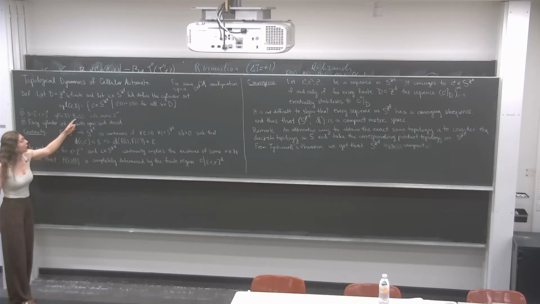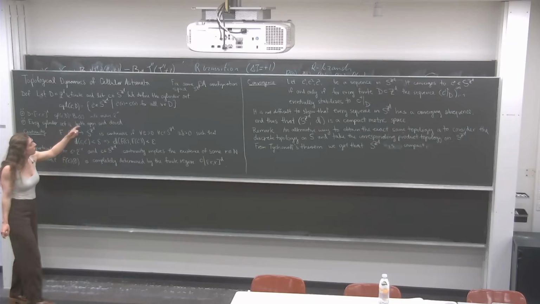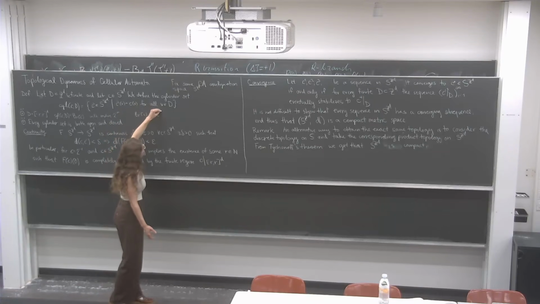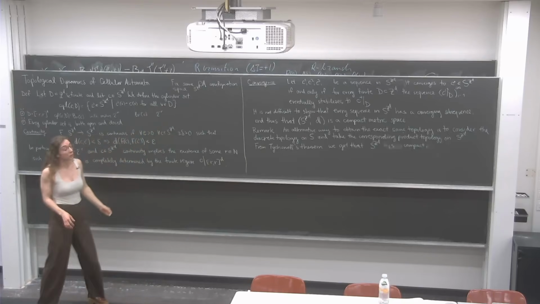Right, it's maybe a bit non-standard, but we did discuss that B_R(C) denotes a ball with radius 2 to the minus R, essentially.